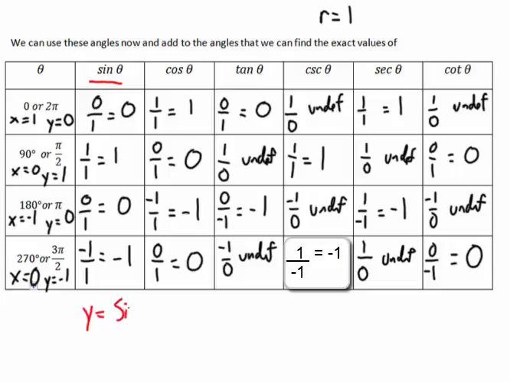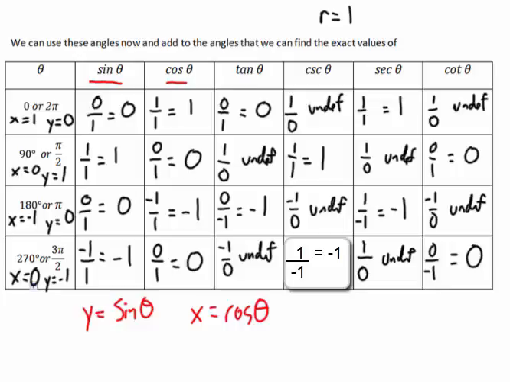At any point, the sine of theta is just y. And the cos of theta is actually just the x coordinate. And because we have cos and sine, the x and y, we can find any quadrantal angle very quickly.